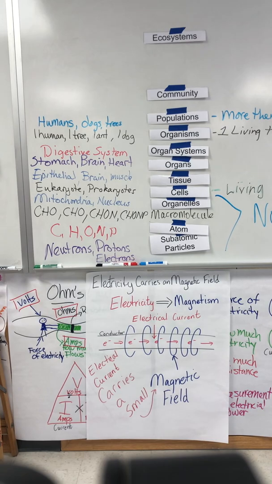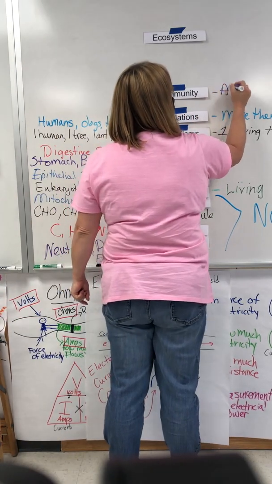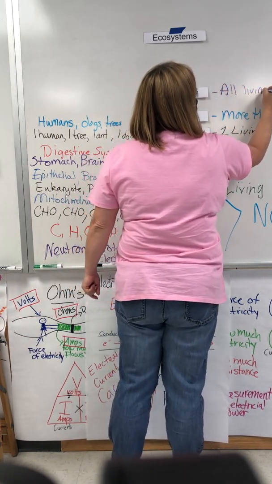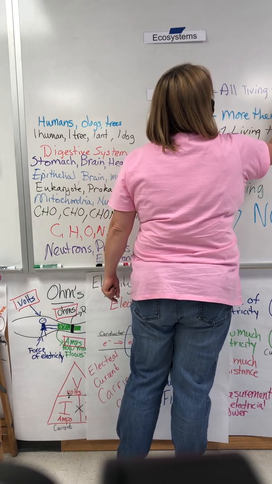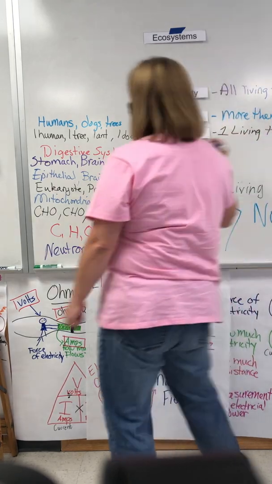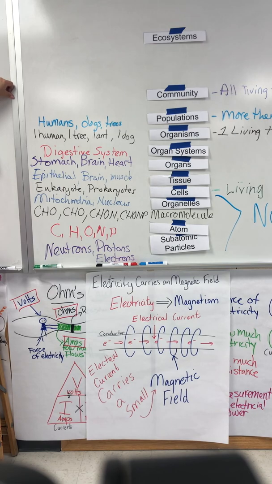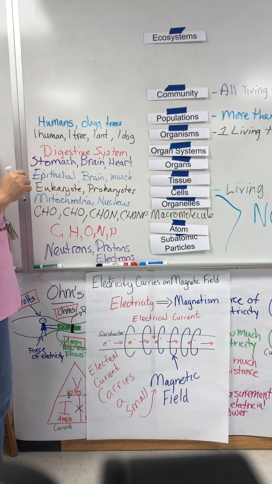What do you think our next step is? We have living things together. Okay, great job. Yep. All living things together. So an example would be a community. The community at Kamaikan includes humans, ants, birds, grass, bushes, because we have all that stuff on our campus. Okay? Does a dog pack count, like a wolf pack?